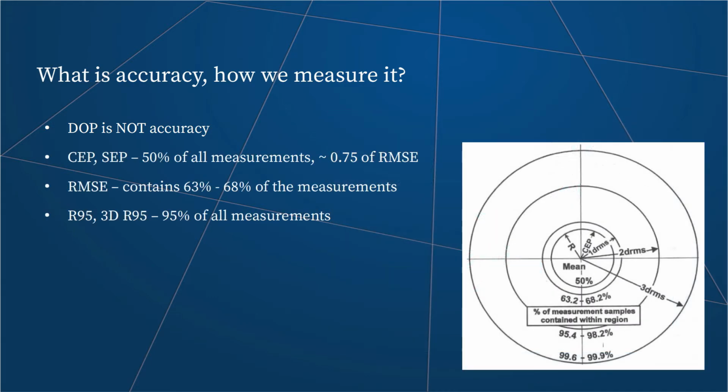Most of the time it is given in meters CEP. CEP stands for circular error probable, and it is the smallest radius centered at the true position containing 50% of the points. There is also spherical error probable, the same but in 3D, and there is also R95 and 3D R95, which is the same but with 95% confidence.